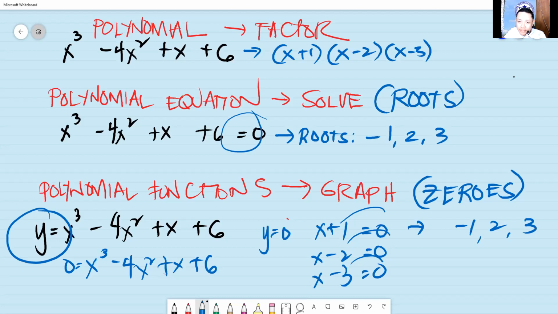Factoring of the polynomial is very important to get the roots. And changing a polynomial function to equation is very important for us to get the zeros, which is very much the same process as getting the factor and getting the roots. Okay? Kumbaga, these are just terminologies that are used in the different forms of polynomials. Did you get it? Can you follow?